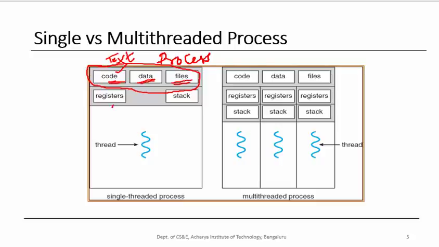This process will also write something onto the registers, and it will also get some space in memory for storing the intermediate results. This data structure can be called a stack. If the process pauses for some reason, the contents of the registers and the contents present on the stack are saved. This kind of process has a single thread of execution.